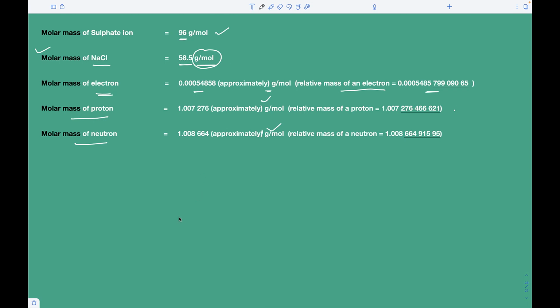I think of molar mass as density. Density is mass over volume, right? That is mass per unit volume, not mass of a unit volume. Similarly, molar mass is equal to mass of the substance over amount of substance or mass per 1 mole of substance or 1 unit of amount of substance.